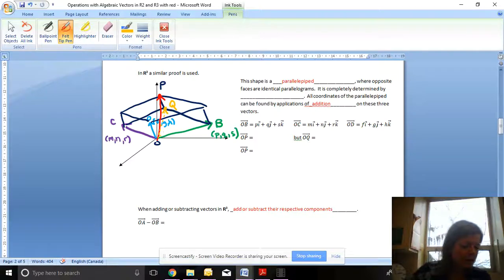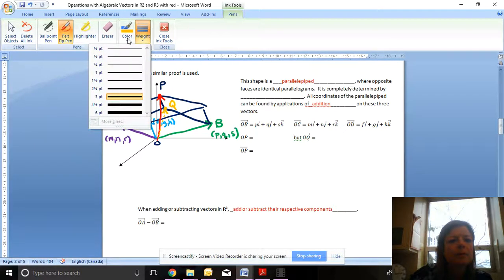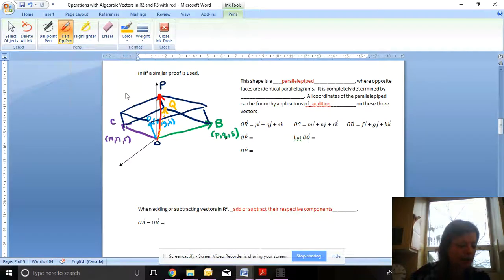So notice that OP can be written as OQ plus OD, using either the parallelogram law or the fact that OD is equal to QP. So OP can be written as OQ plus OD. Make sure you get that first because we're getting a little weirder after this.